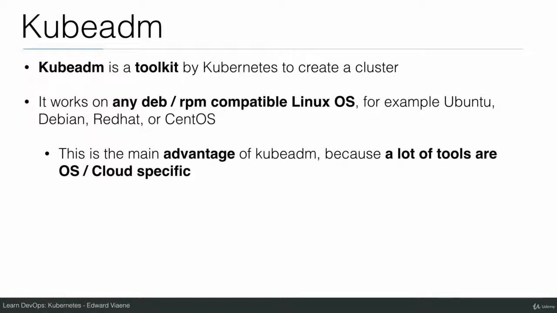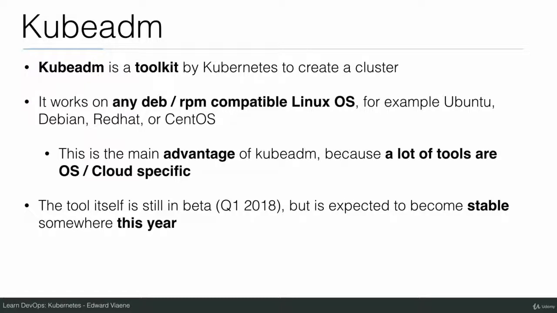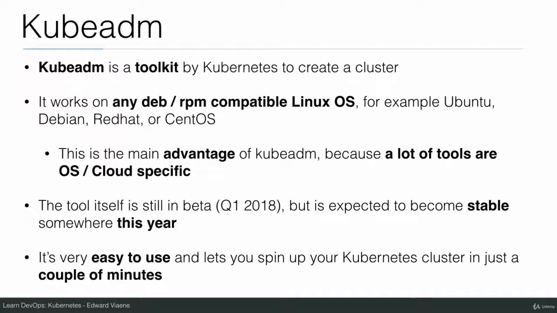You just need to have a compatible Linux OS that has deb or RPM packages. The tool itself is still in beta. We are now Q1 2018, but it is expected to become stable somewhere this year. It is very easy to use and lets you spin up your Kubernetes cluster in just a couple of minutes.